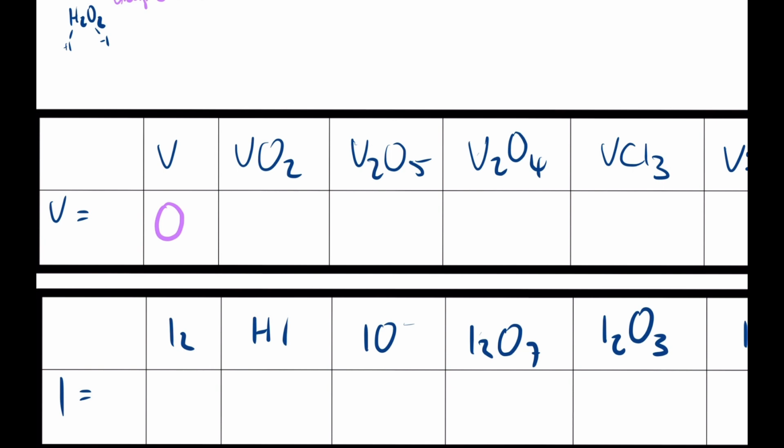Remember, oxygen is in group 6, so it's going to have a minus 2 charge. So we've got 2 lots of these minus 2s. We know the whole thing is going to equal 0, and so therefore we can assume that vanadium is going to be plus 4 in this case.